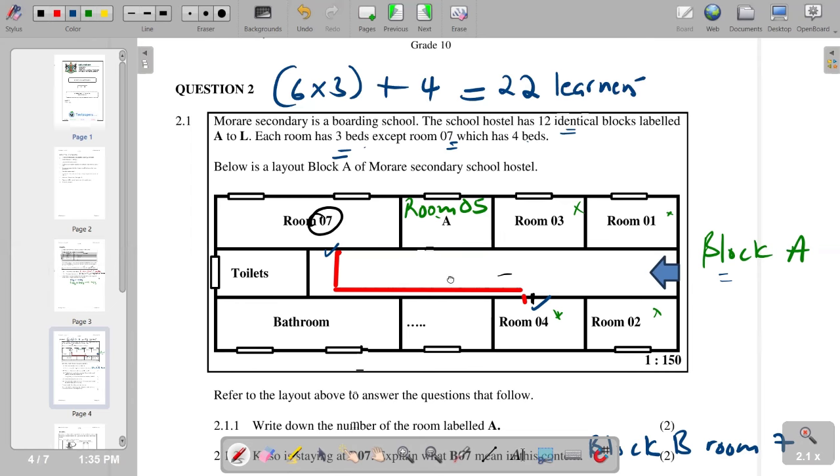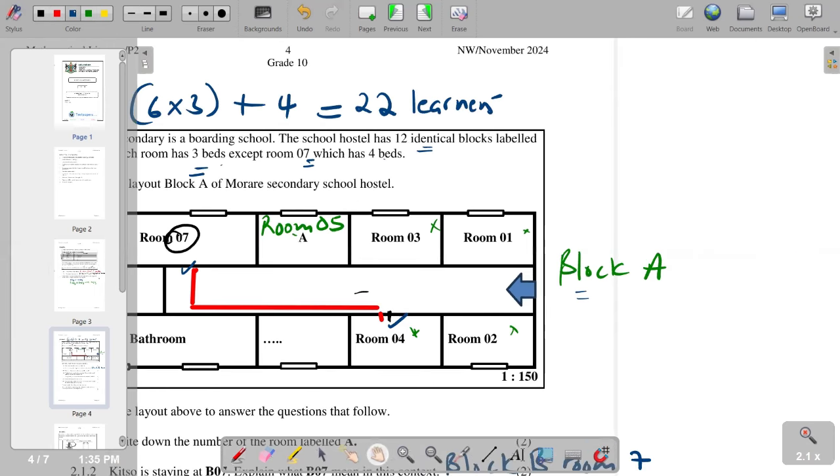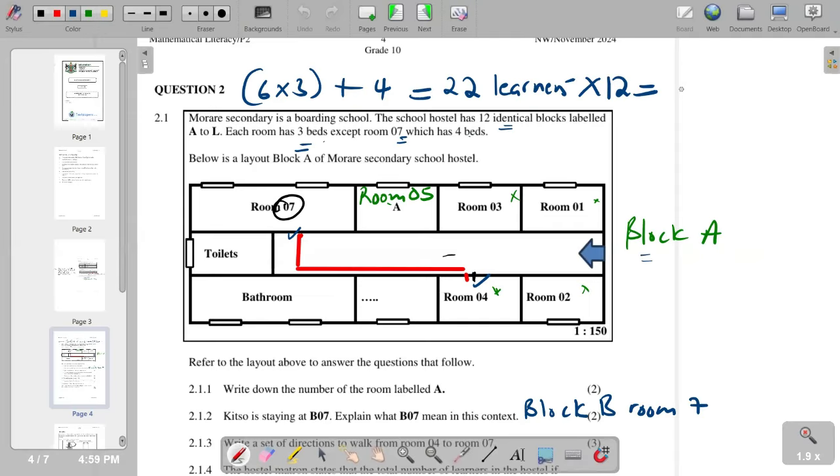For 12 blocks now, we multiply by 12. So if we multiply, your answer will be 264.